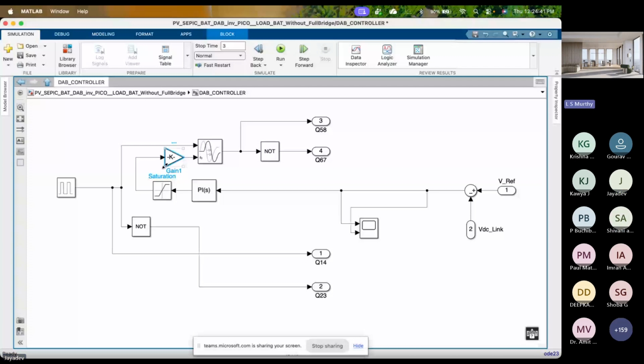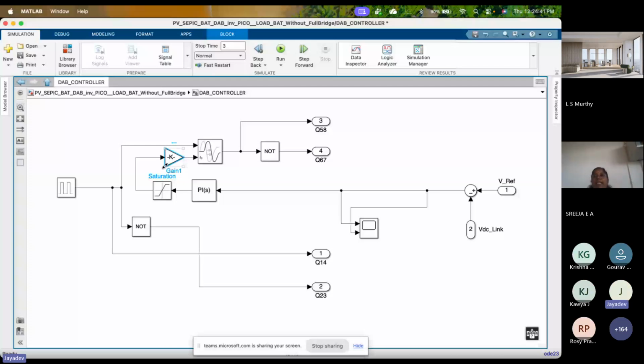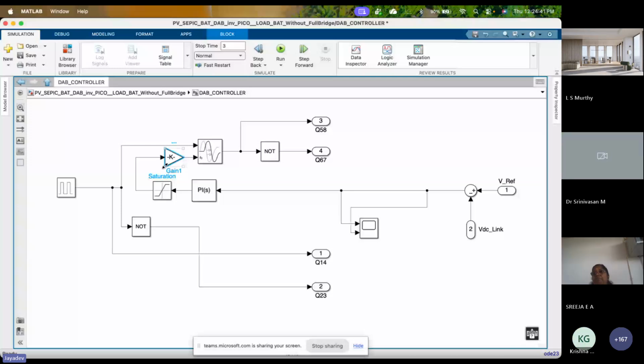For the DAB converter, the main control is the phase shift. So this PI controller will decide how much phase shift is required to transfer the amount of power to stabilize the DC link voltage. This is the function of the PI controller here. Then how do you give the phase shift?